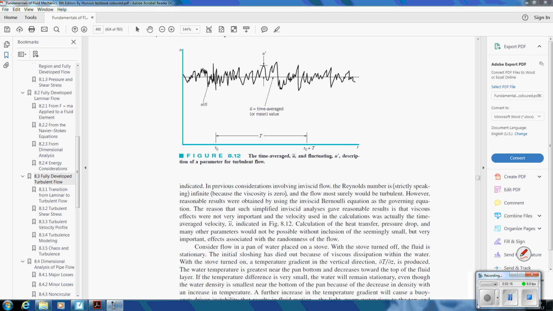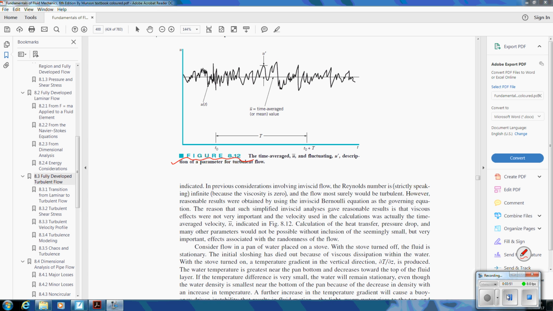So if you were given this velocity profile, which is axial velocity versus time, and if we look at Figure 8.12, you can see the velocity change with time like this, right? So how would you characterize it? You might think a good idea is to do the same thing, right? We take a time average to get a mean value, and the difference between any single point and the mean value we call the fluctuation.